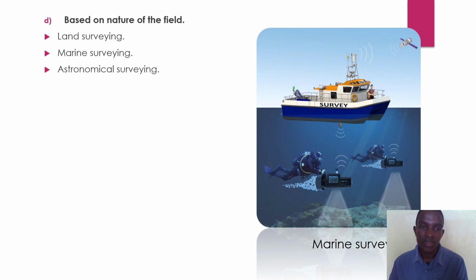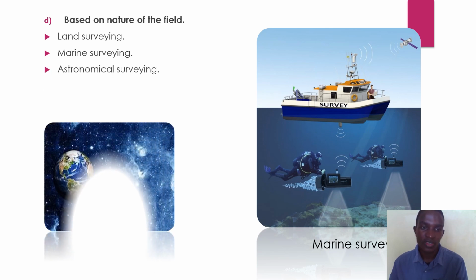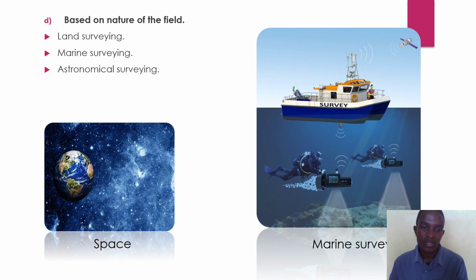And also we have astronomical surveying, whereby survey is done on space to determine the positions of planets, maybe meteors, galaxies, stars, and all the things you can think about that are in space.